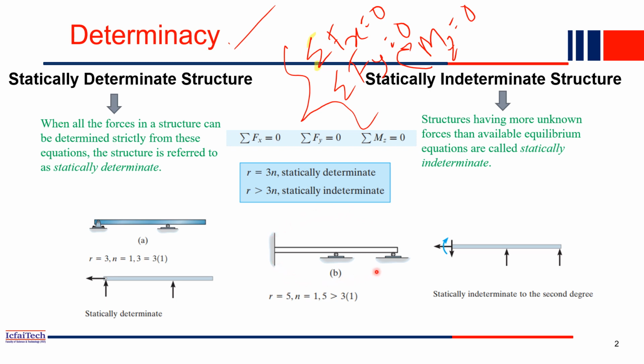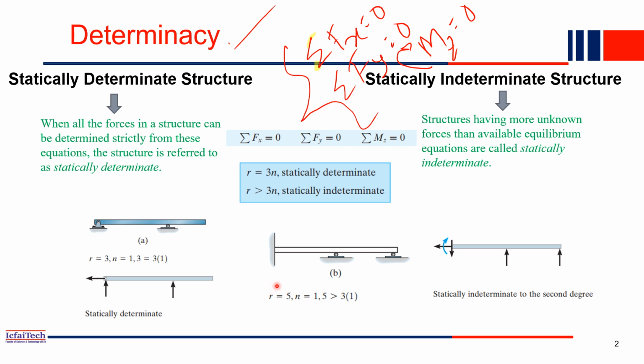For example, this is a beam and some load is applied, maybe a UDL or a point load. Our immediate analysis would be to calculate the reaction forces. For example, 5 kilonewton is acting on the beam. How much of the 5 will go to this support, how much to that support, and how much will be the reaction at the fixed support? All these will be our first objective to find out.